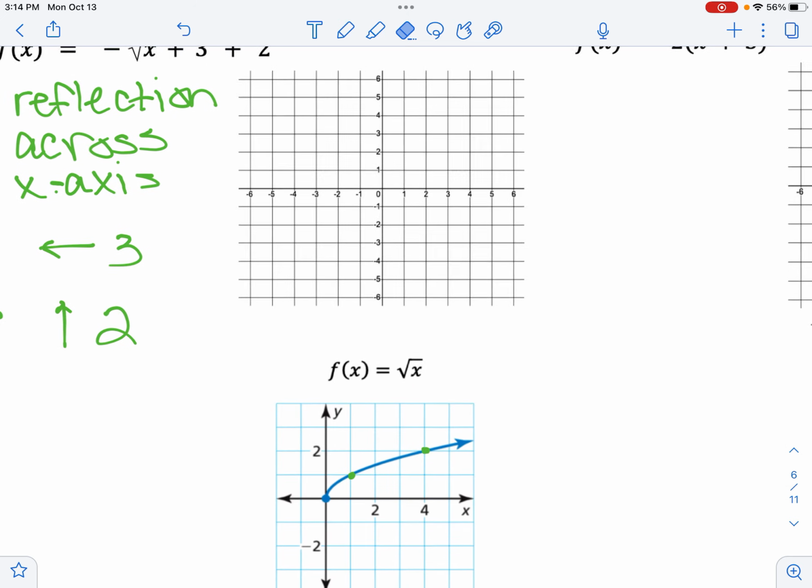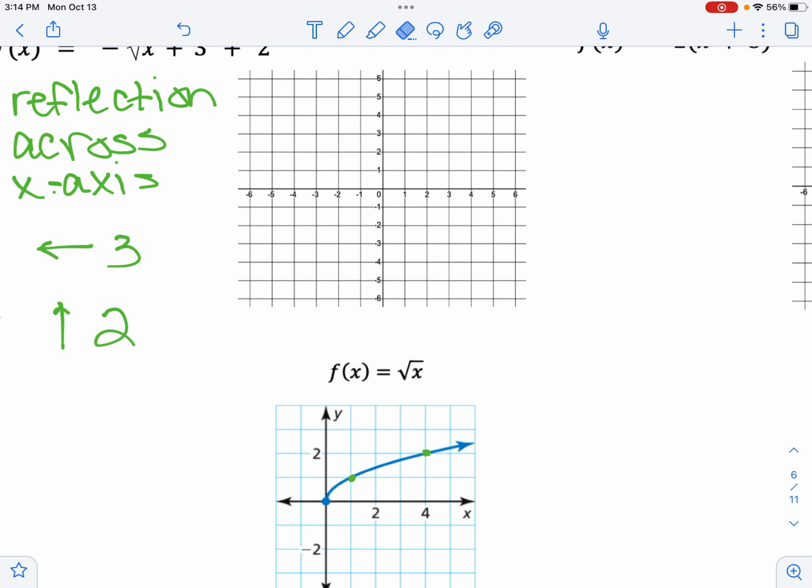So I'm just going to start with, I know 0, 0 down here, right? I want to move that one left 3 and up 2. So that's going to end up right there. Now I also know it's been flipped upside down. So this point right here will now end up down here. So I'm going to flip that over.